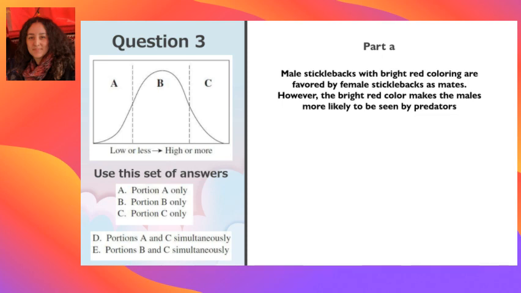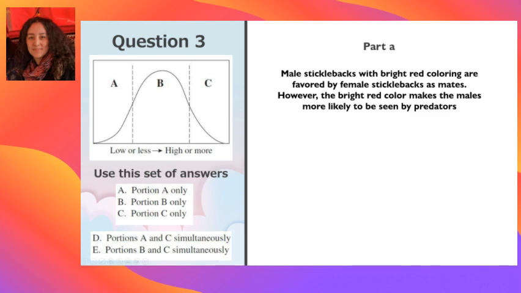So male sicklebacks with bright red coloring are favored by female sicklebacks as mates. However, the bright red color makes the males more likely to be seen by predators. So let's consider here C. Let's do C as the bright red coloring.